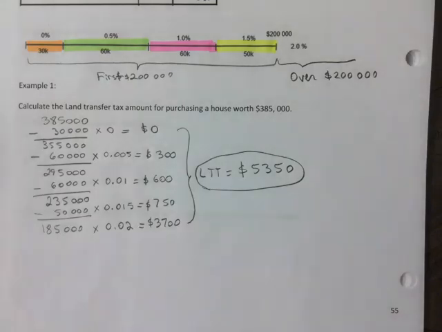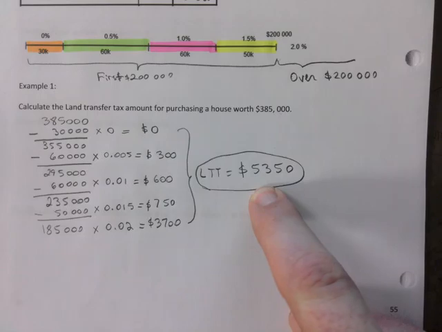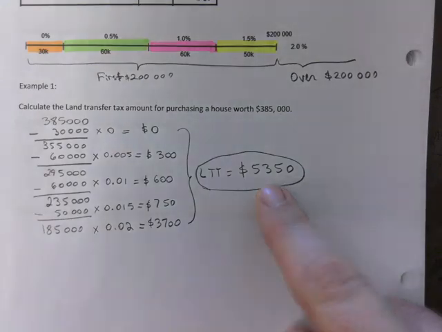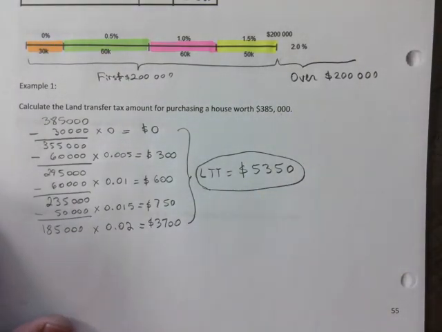So you got to have your down payment and you got to have this money because you're going to have to pay that. Okay, they're going to come and ask you for it. So that's a lot of money.